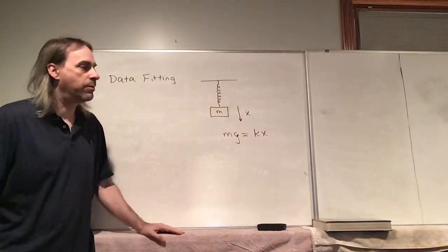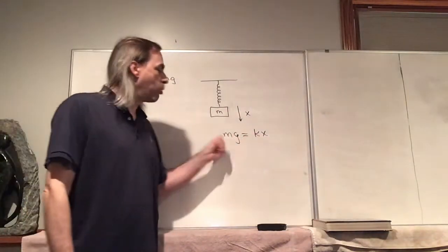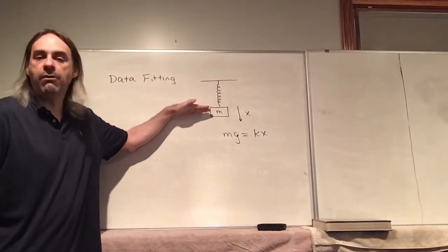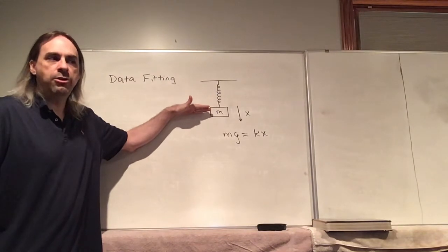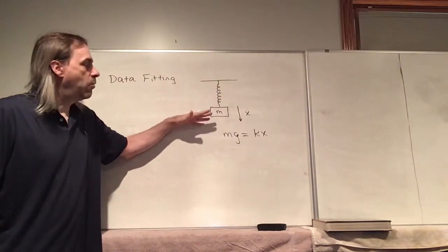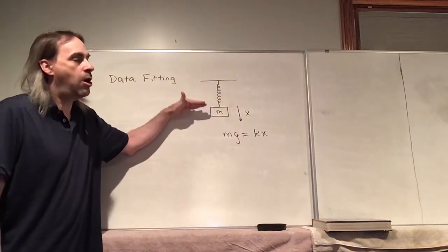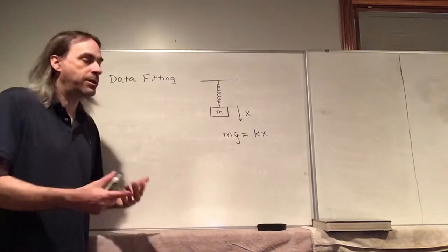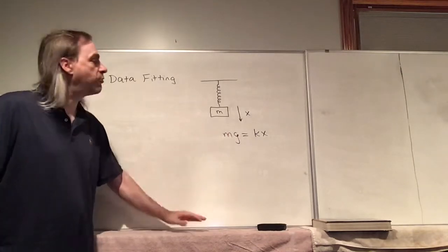And basically the rule is that these are proportional to each other. Like say we hang 50 grams, and the spring stretches 1 centimeter, then if we hang 100 grams, it'll stretch 2 centimeters. Twice the mass, twice as much stretch in the spring.